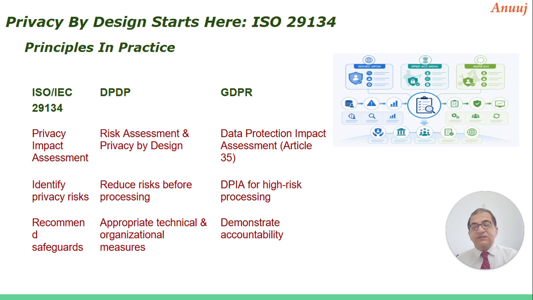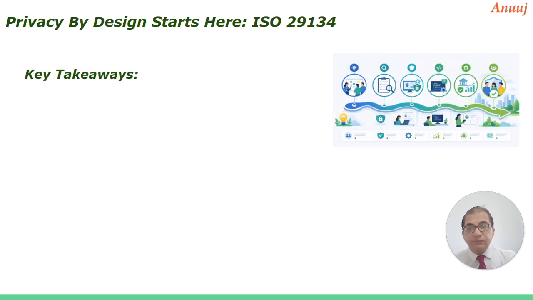ISO 29134 says identify the privacy risks. You are saying reduce the risk in DPDP and DPIA for high risk activities. Recommended safeguards as per ISO 29134: appropriate technical organizational measures, reasonable security safeguards as per DPDP, and demonstrating accountability as per GDPR.